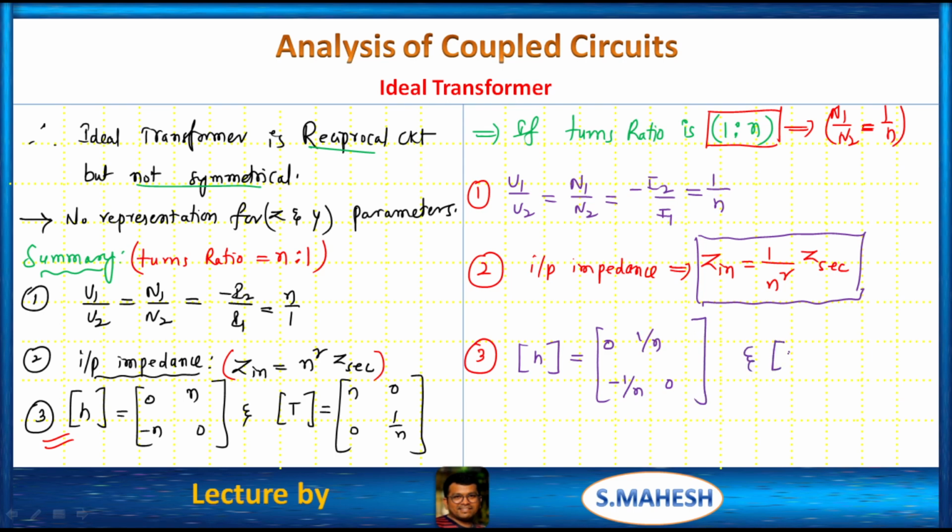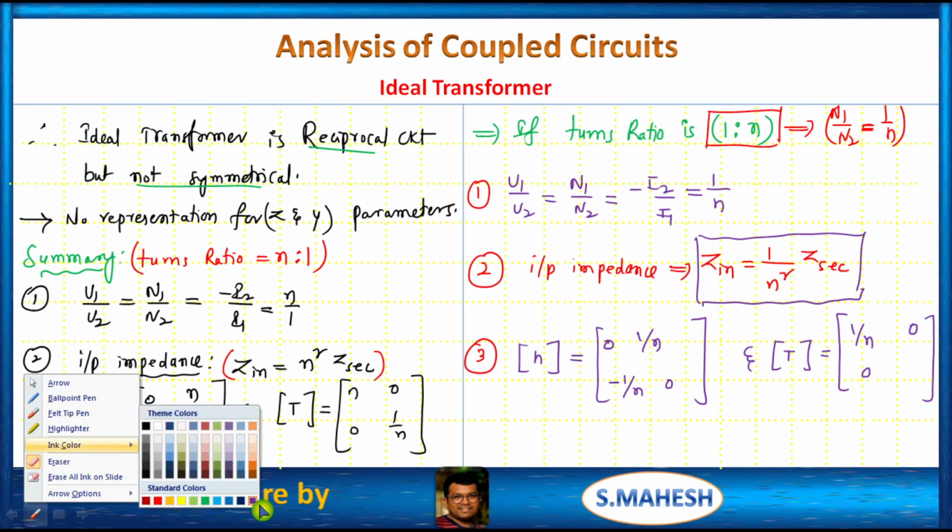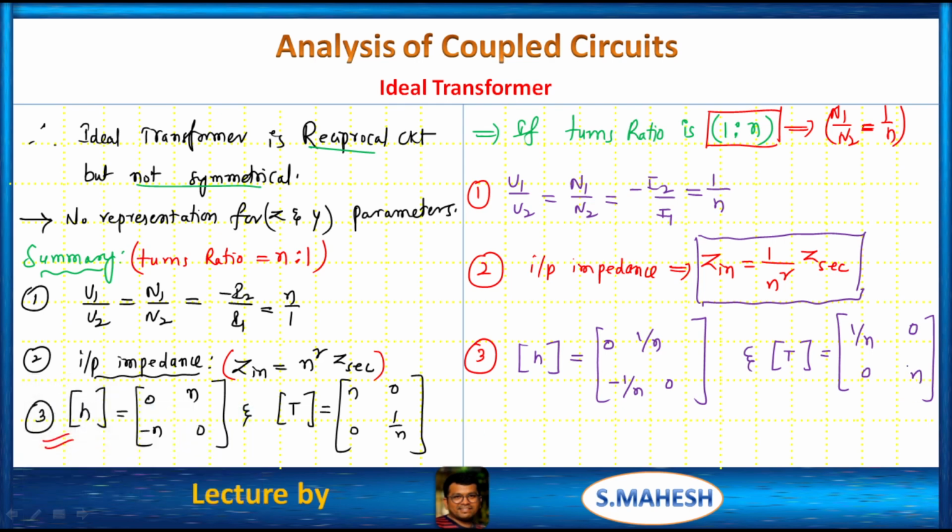And coming to the T parameters, that is the ABCD parameters, we are having n 0, 0, 1 by n. That's it.